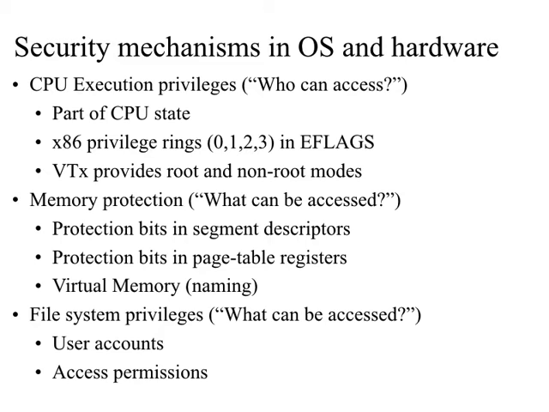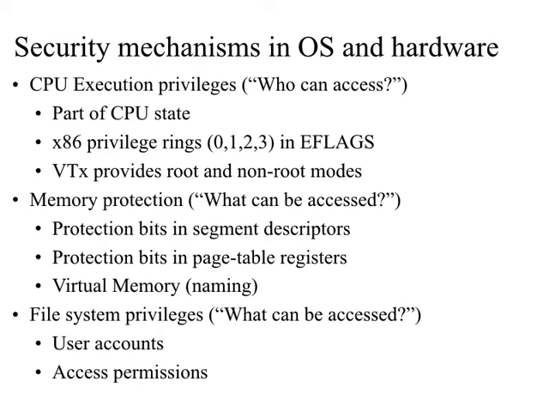So CPU execution privileges consist of privilege levels defined by the instruction set architecture. For example, in x86, you have four privilege levels 0, 1, 2, and 3. Operating system usually executes at level 0, which is the most privileged level, and user applications run at privilege level 3, which is the least privileged level.